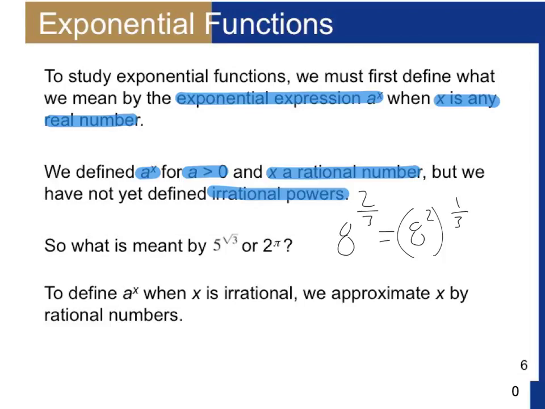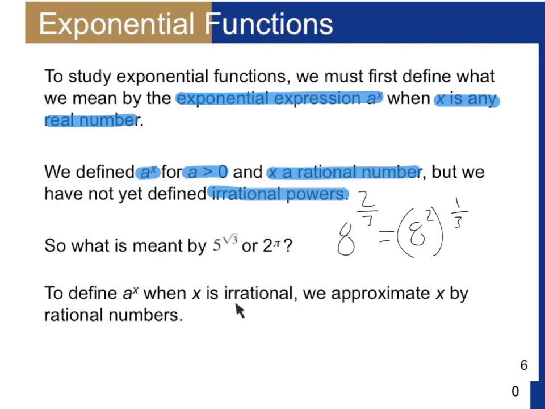In other words, we're taking a cube root and squaring it, or vice versa, squaring it and then taking the cube root. Now we're going to look at irrational powers, like 5 to the square root of 3, or 2 to the pi power.